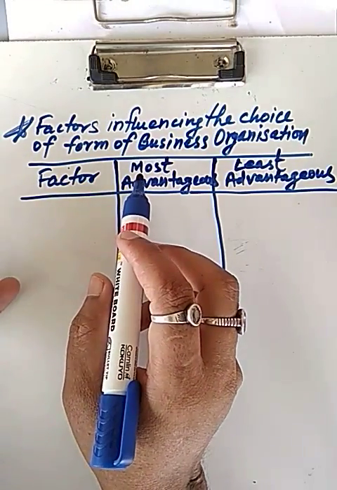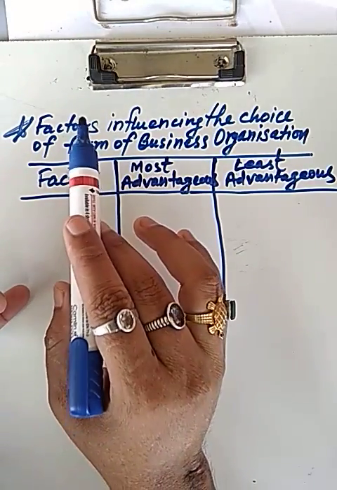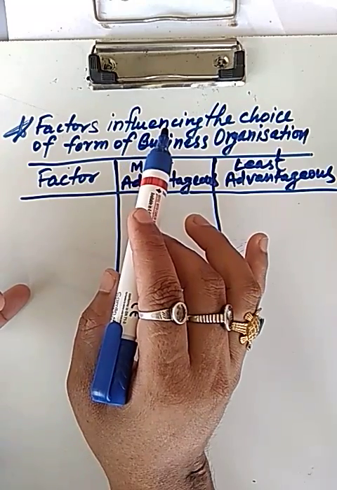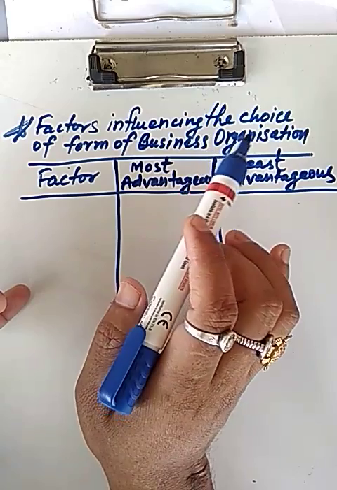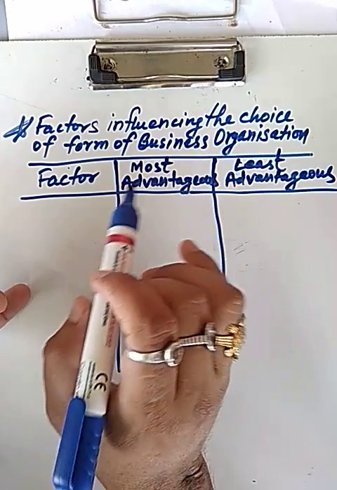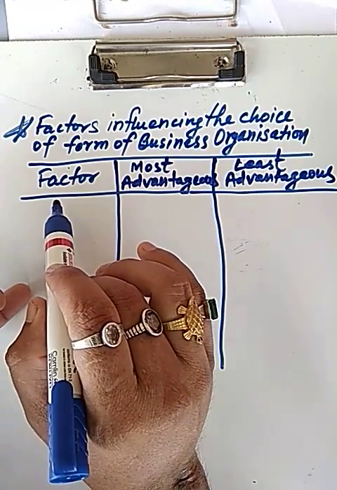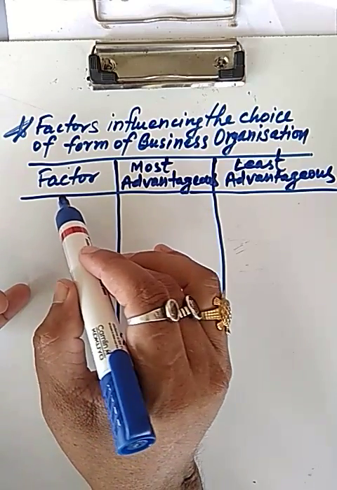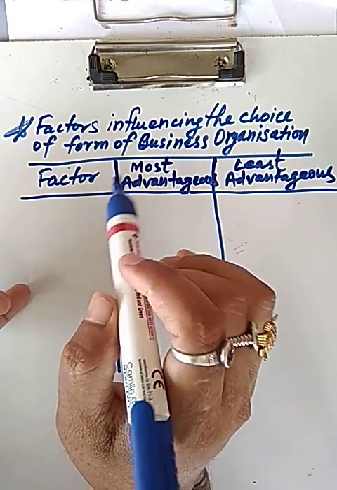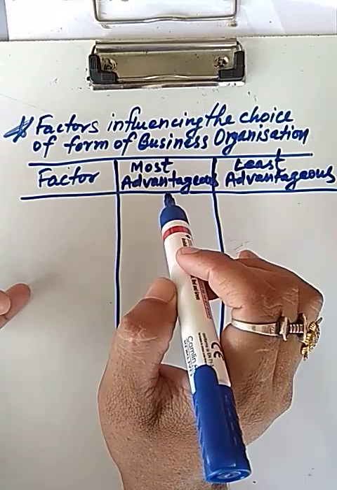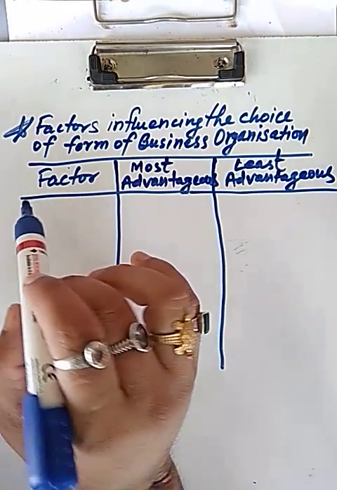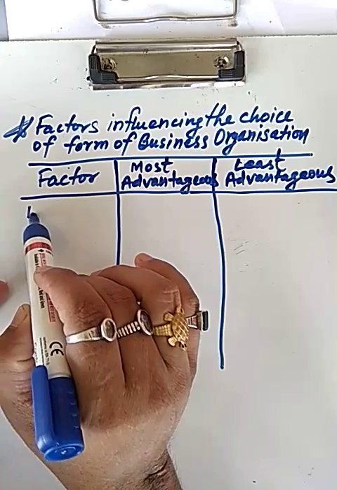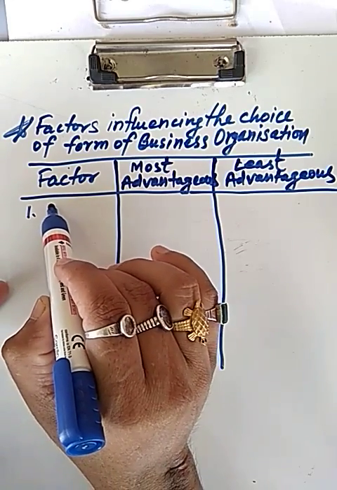Now, students, factors influencing the choice of form of business organization. I will write in this column: factor, most advantageous and least advantageous. First, capital.